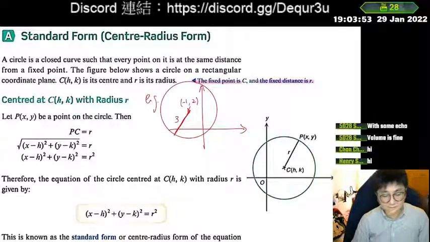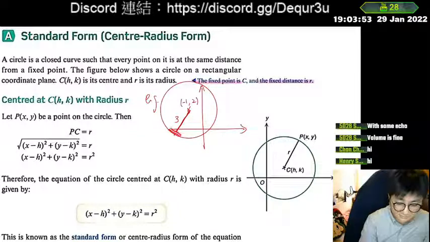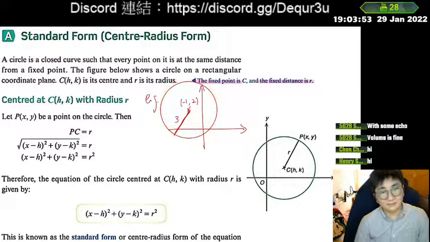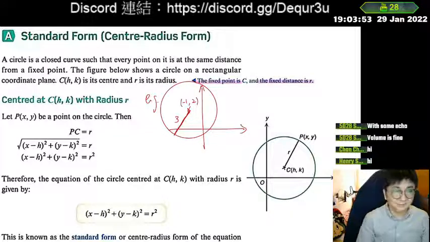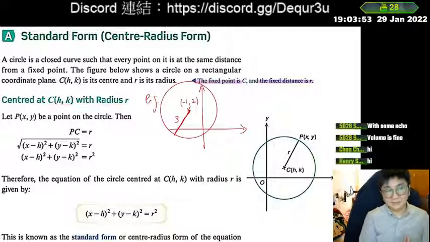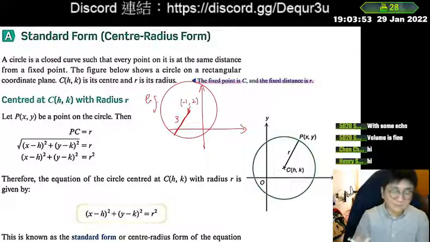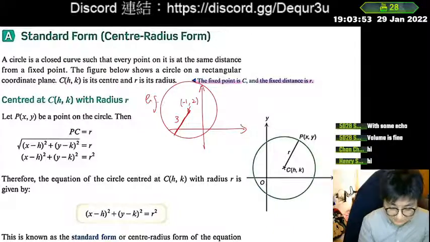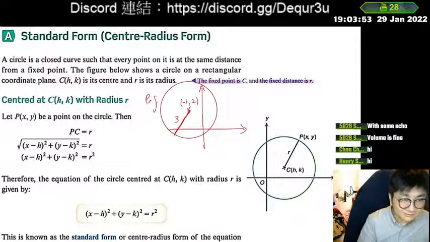Then let's try to write down the equation of this circle. We don't need to do a lot of calculation. You can see the form of the equation comes directly from the center and from the radius. Therefore, we just write it down directly. So what will it be?